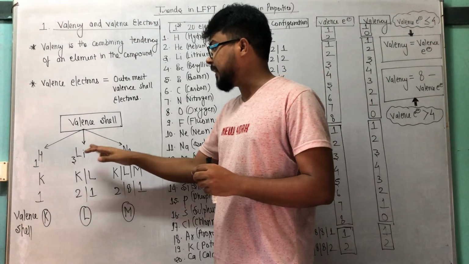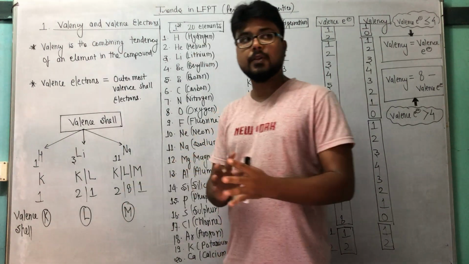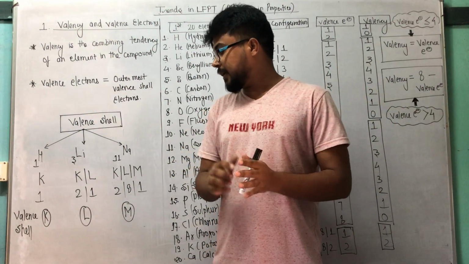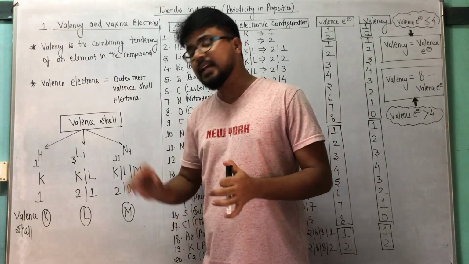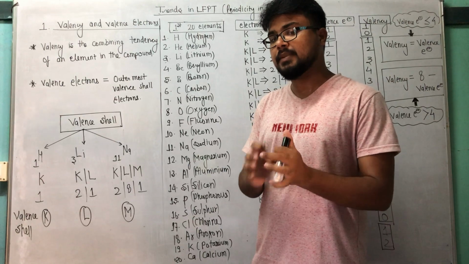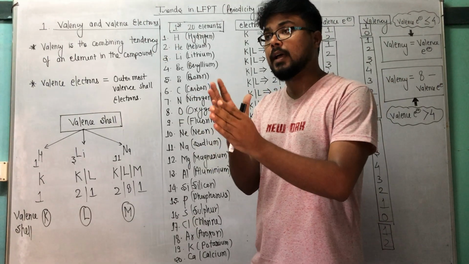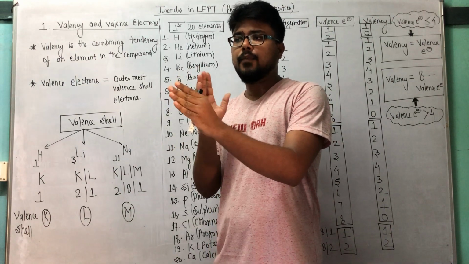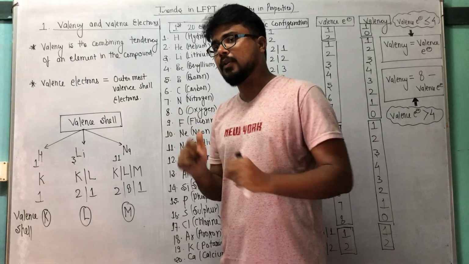So for valence shell, here hydrogen, lithium, sodium, I took some examples, and in these examples we will first of all make the electronic configuration. Electronic configuration means K, KL, KLM shells as per the availability and accommodation of the number of electrons in that particular shell.